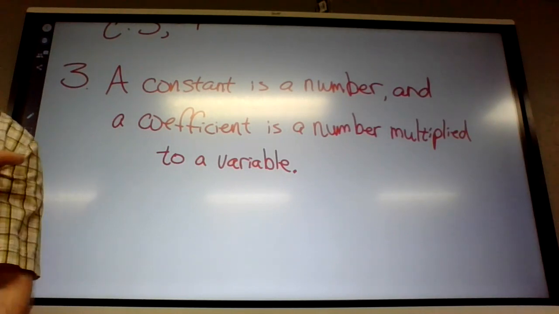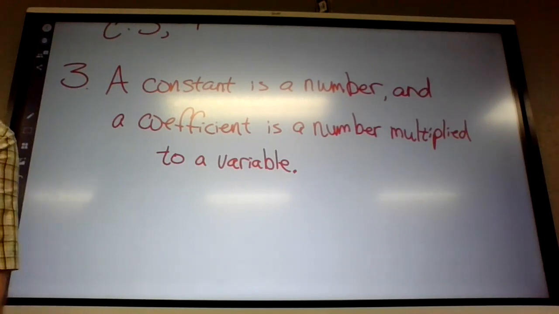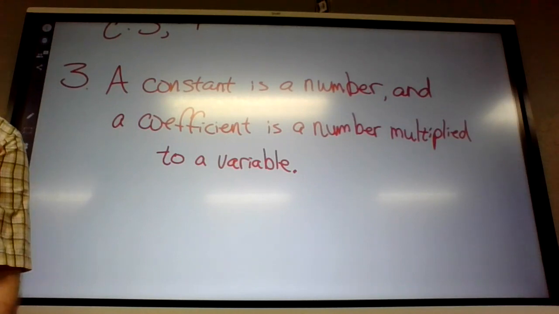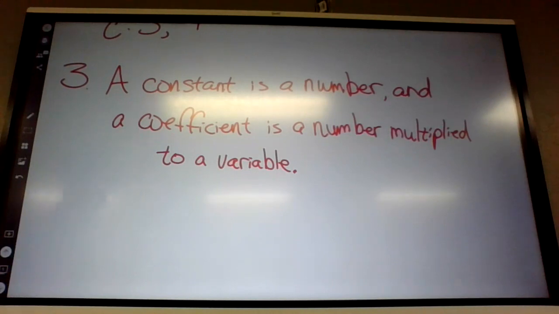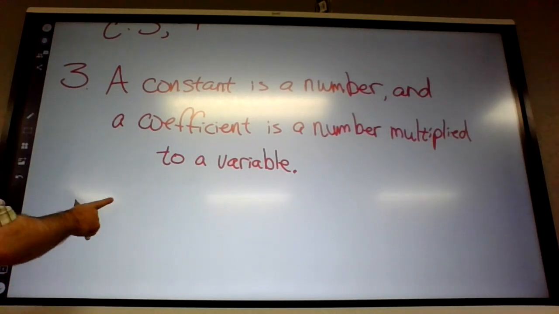The way the book said it, a constant is a fixed number, while a numerical coefficient is a constant factor in a term. Factor just means a multiplied value.